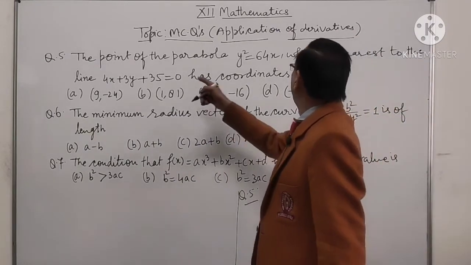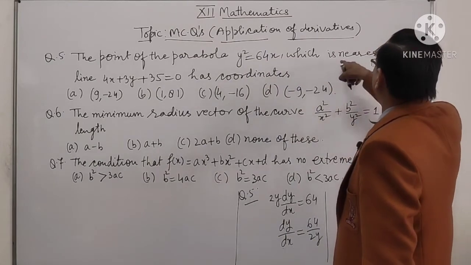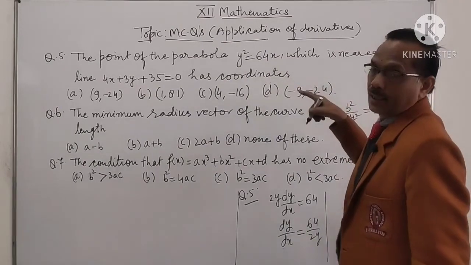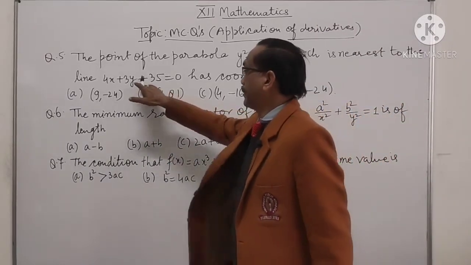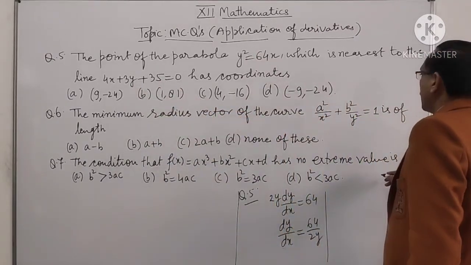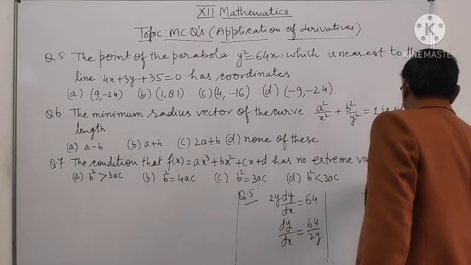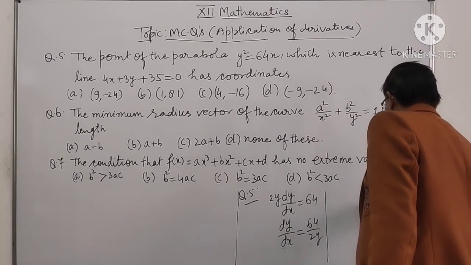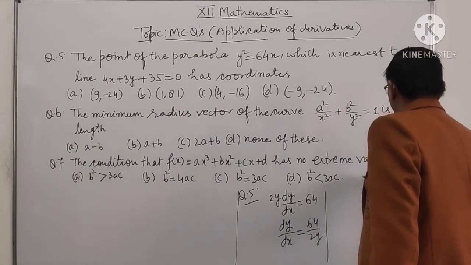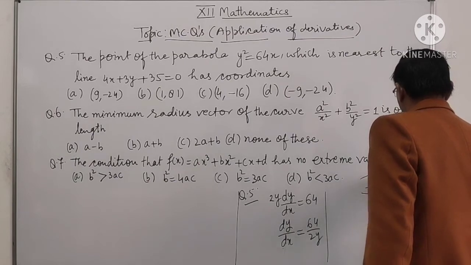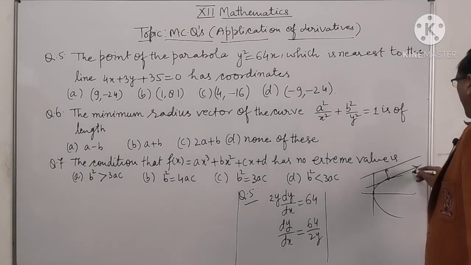If the point of the parabola is nearest to the line, then the tangent is parallel to this line. Like that, there is a parabola, there is one tangent, there is a line, then for the nearest point, the tangent is parallel to the line.